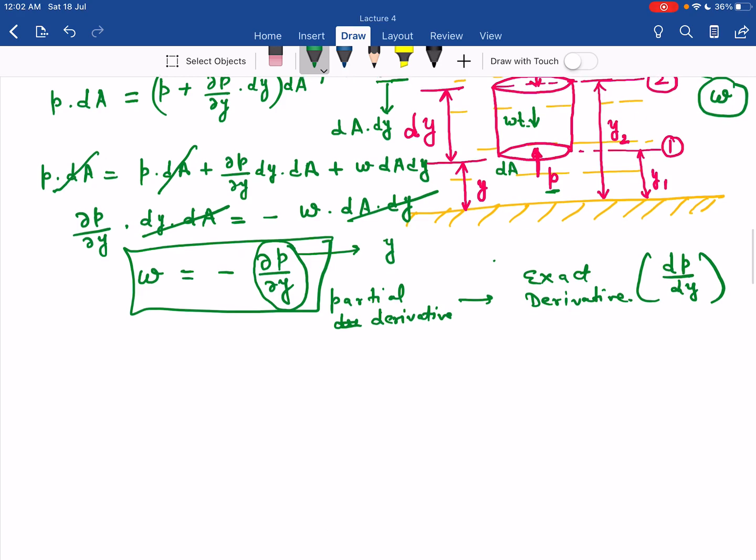So if p is varying only along the y direction, we can write w is equal to minus dp/dy, or dp is equal to minus w dy.